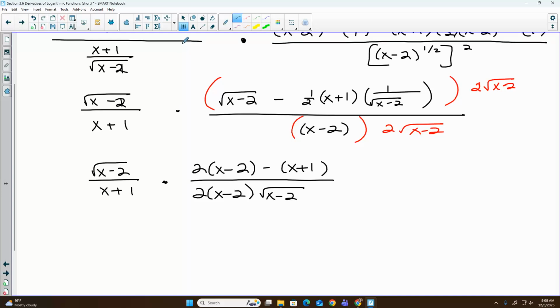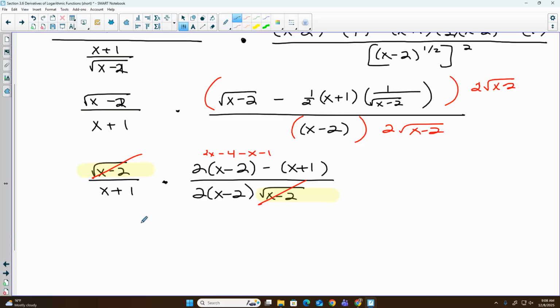Have I lost you guys on any of my simplification? What happens now? You could drop out those. This is 2x minus 4 minus x minus 1.